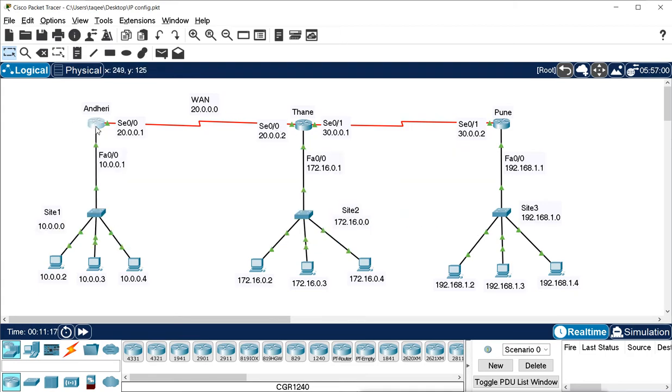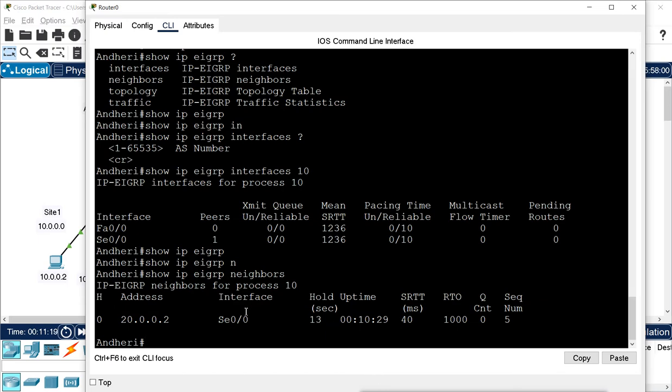It is the address of that neighbor, connected to this interface. The hold down time is this. This is the time for hold down, and the Q count or sequence number of the packets which are exchanging. Remember the sequence numbers. It is to verify the packets are valid or not. So right now the sequence number is this.